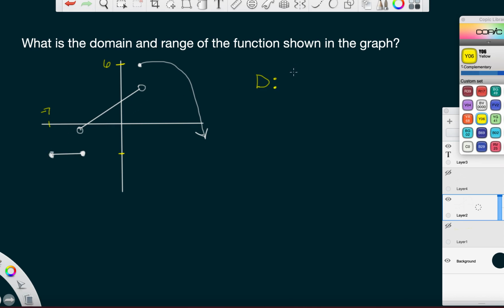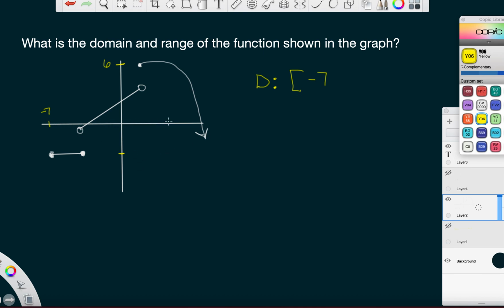So it starts from the left at -7. And the reason I put a bracket around it is because of this closed circle. If this had been an open circle like this, I would have put parentheses around it.